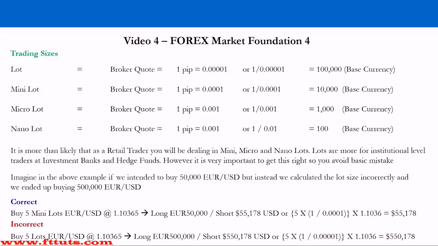But what if we got this wrong and we calculated the pip value incorrectly and we worked it out as buying 5 lots? And we did this at the exchange rate 1.10365. We end up actually going long 5 lots, so 500,000 euros, or short 550,178 US dollars.